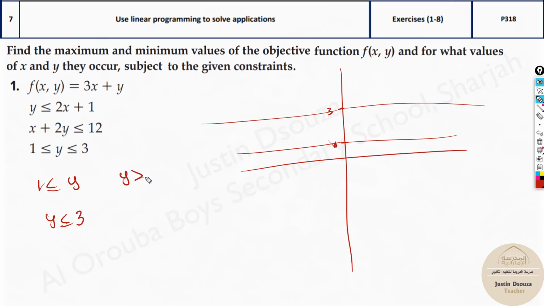This means y is greater than or equal to 1, isn't it? The equivalent. Because the bigger side is opening towards y. So 1 is over here. Everything above, because greater than or equal to means upside. Just point and make it upwards. What about this one? Less than is down. So this is the solution region.